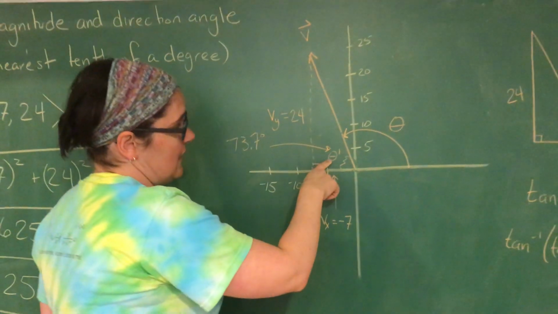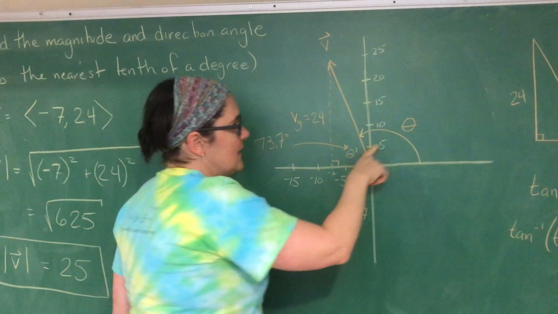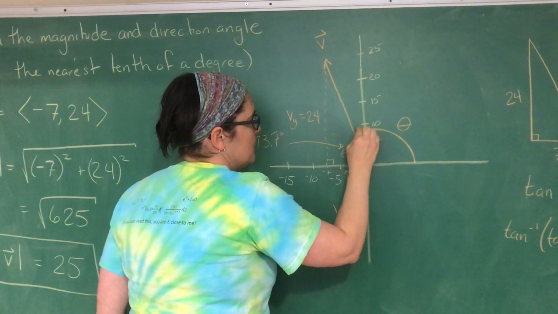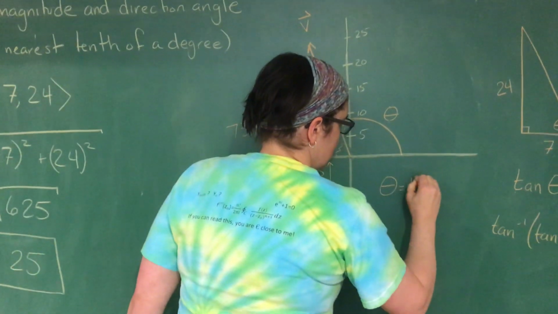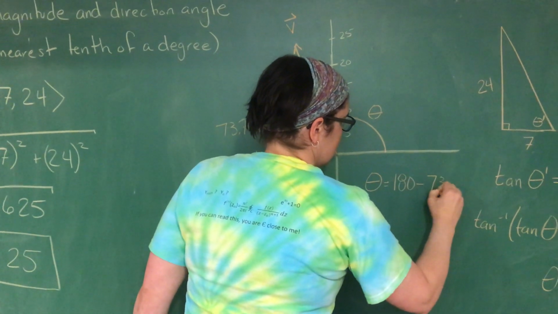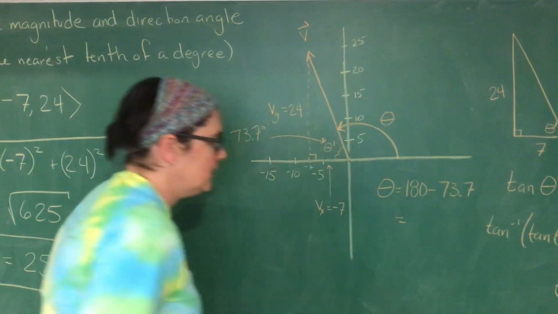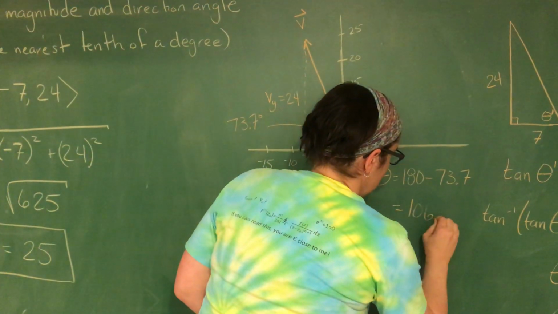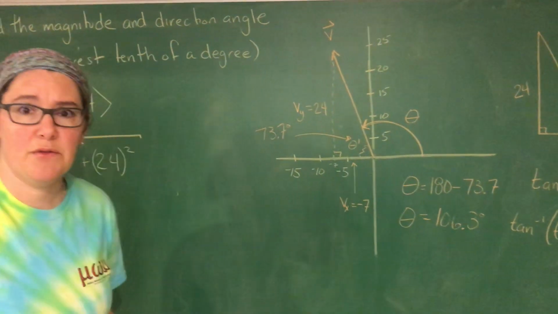And that tells me then, if that portion is 73.7, then our angle that starts on the positive x-axis and swings over to our vector, theta, is going to be 180 minus our 73.7. And when I do that subtraction, I end up with an angle of 106.3 degrees.